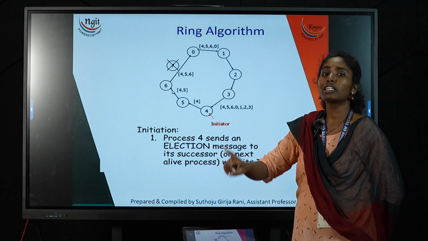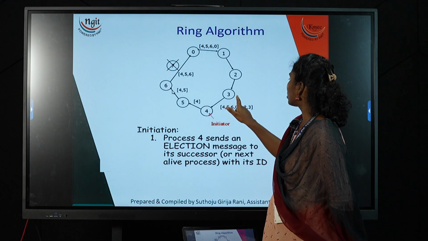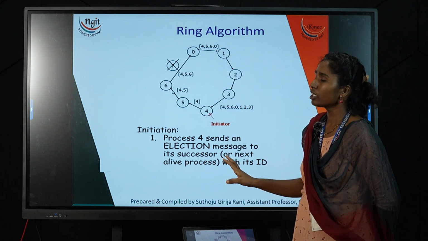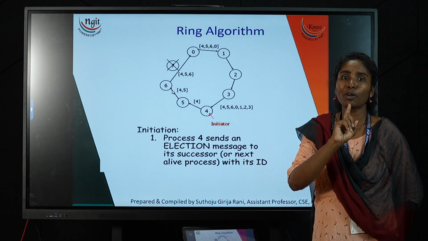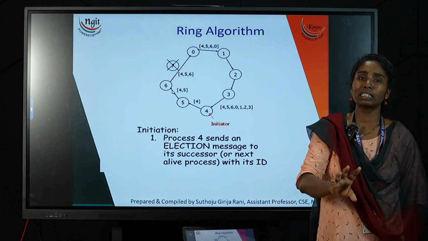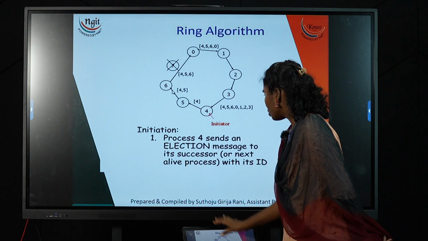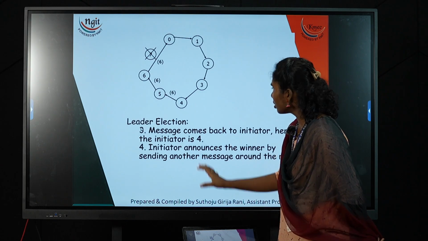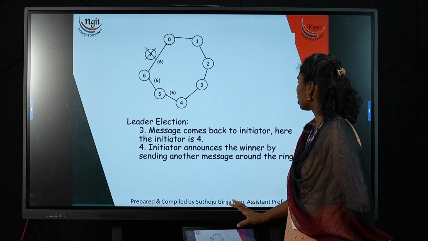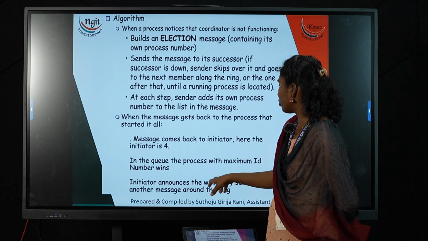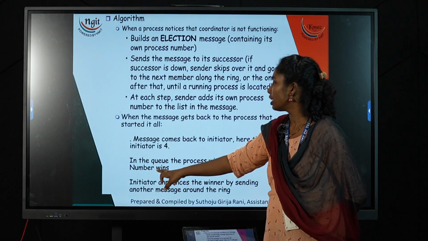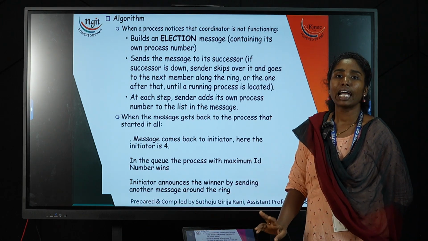We will be repeating this process. Now 1, 2 and 3 also will be added, right? Among all these, the ring will decide one process which has the maximum process ID, right? That is the statement which we are giving over there. See here, the process having the maximum ID number will win the election.